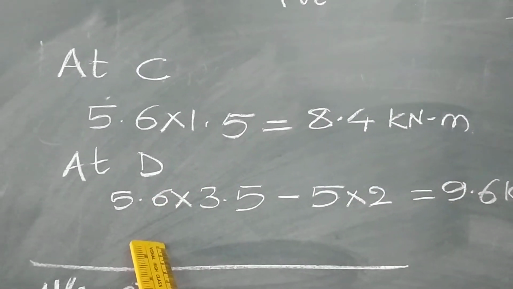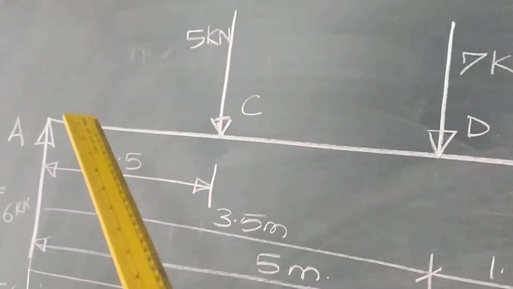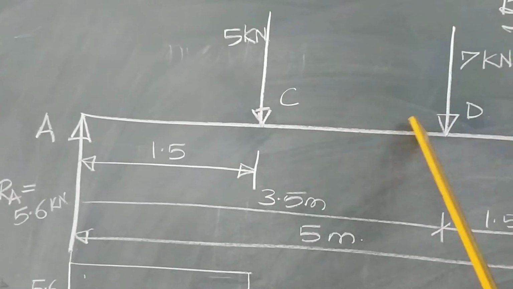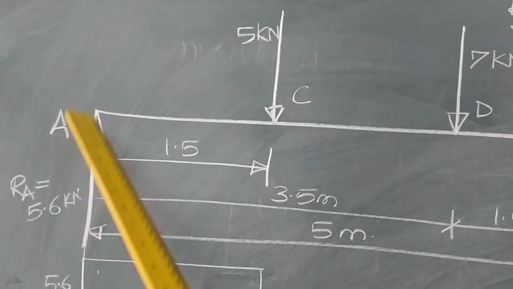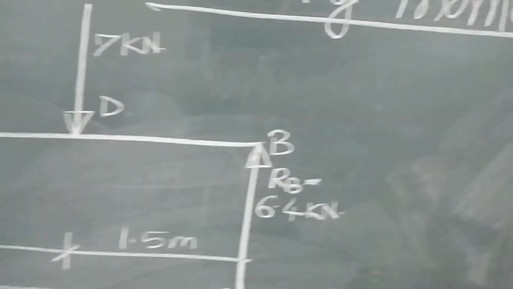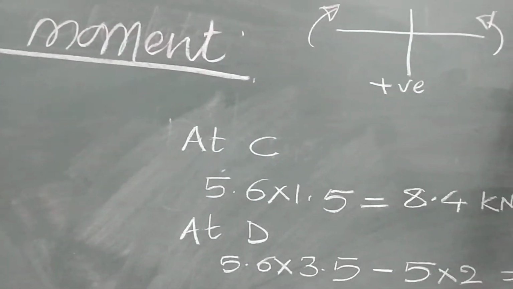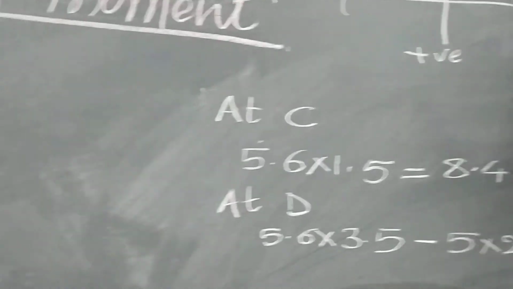At point D, two forces are there, one is 5.6, another is 5. Both forces are towards left, one is clockwise. So, towards left clockwise means positive and towards left anti-clockwise means negative.